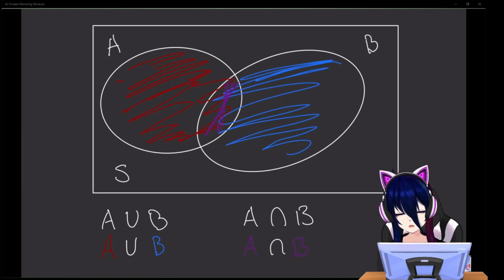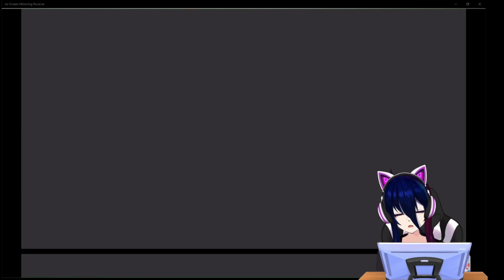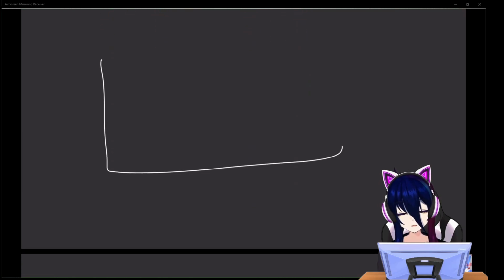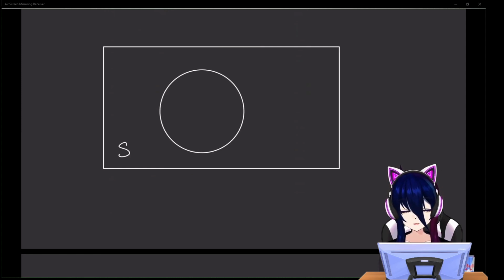Alright, but now let's think about, what if we have this space S, and this time we're just going to look at one set that, again, we're going to call A. If A is everything inside of this set, then what about the stuff outside of the set?